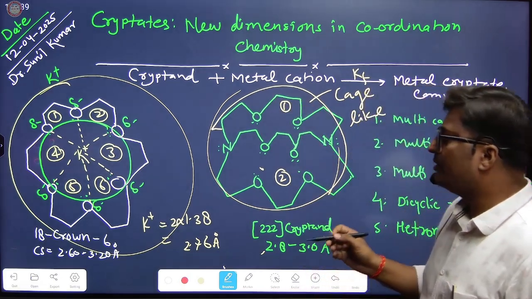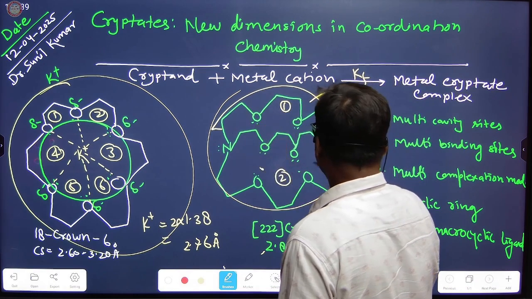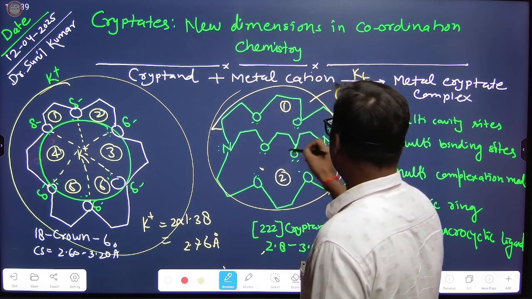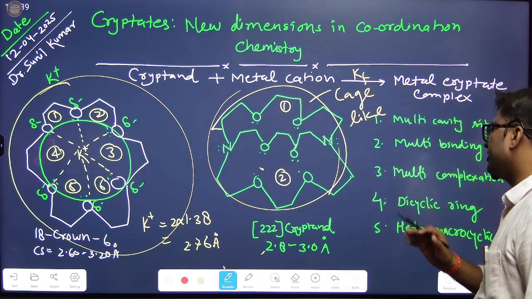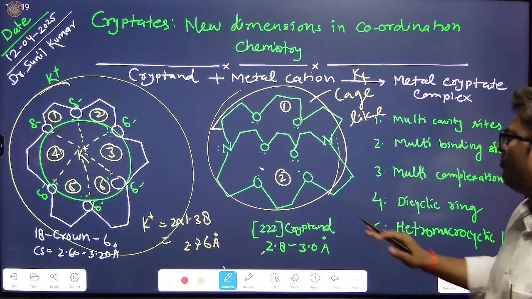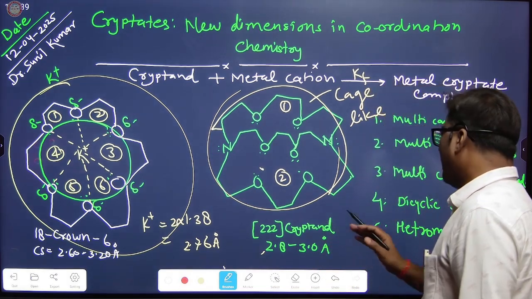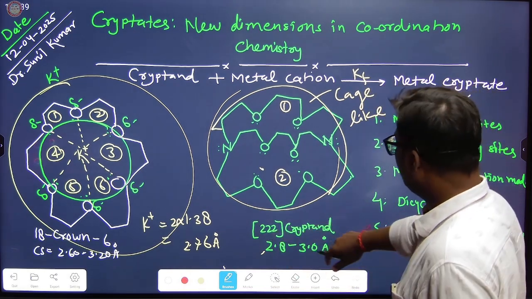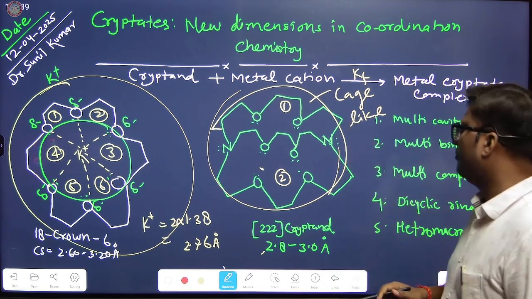If the size of the metal cation matches the size of this ring, then only it can form metal complexes. Otherwise, it cannot form metal complexes. So if the size matches this window, then it can selectively bind the metal.